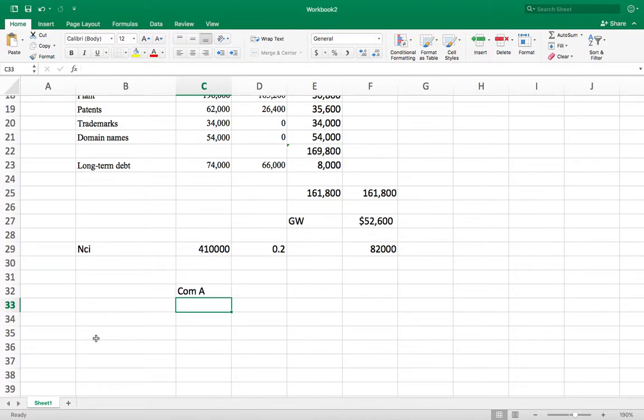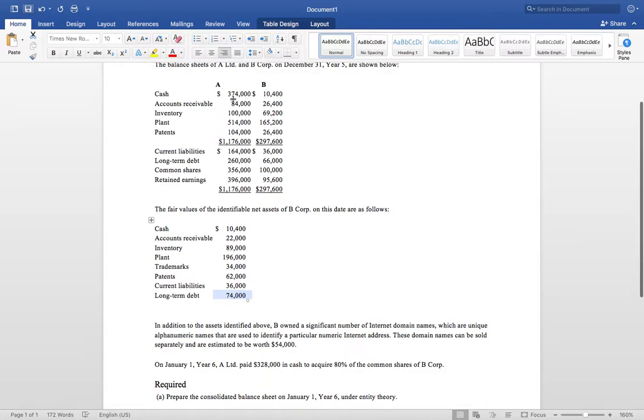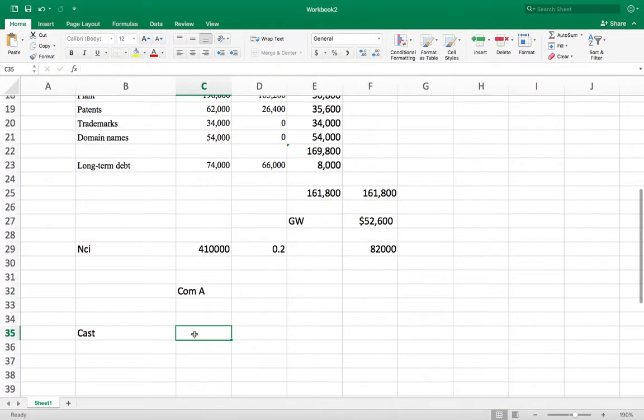First thing we're going to take is cash. How much cash did we have? Company A had 374,000. Company B had 10,400. So we're going to put A cash.